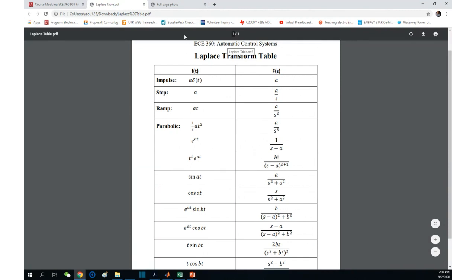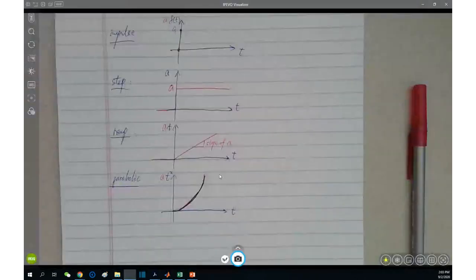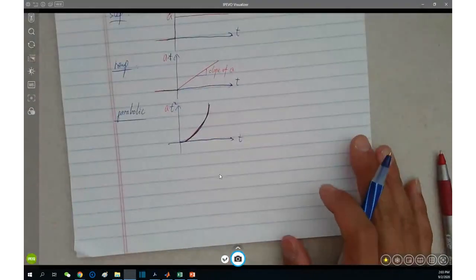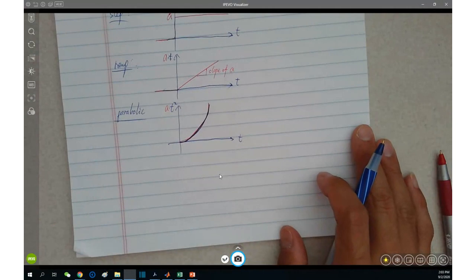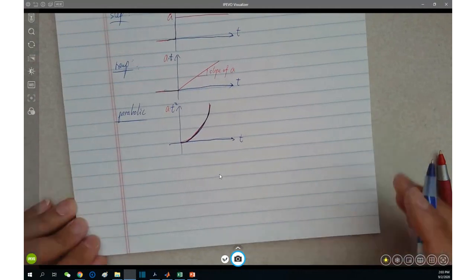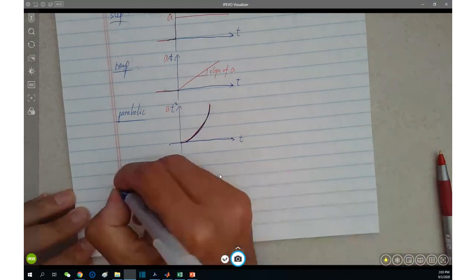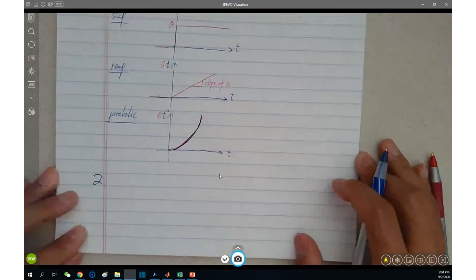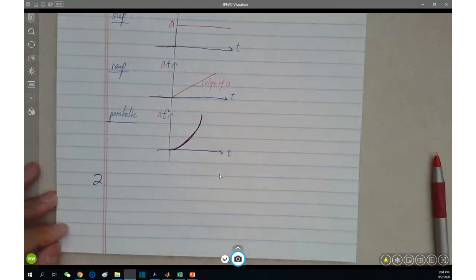Now let's talk about the second thing. All right, we are done with the Laplace transform and inverse Laplace transform introduction. Now we start to really conduct the Laplace transform and the other way around.